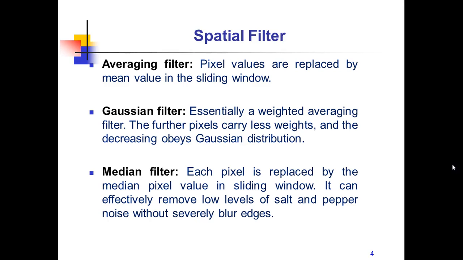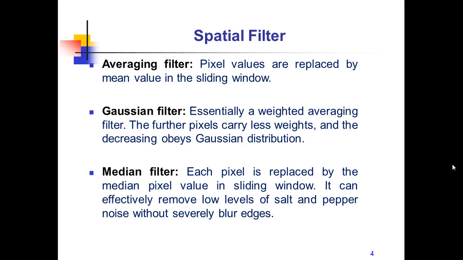The reason to assign different weights to different pixels in the window is that the pixels that are far away from the central pixel are less relevant, so they should carry less weight, and the decrease of the weights obeys a Gaussian distribution.